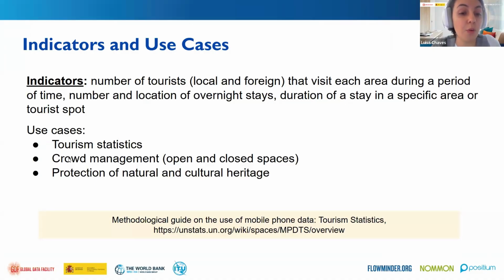The use of mobile phone data can not only help overcome these limitations for traditional tourist indicators, but also for tourist events like sport events such as the Olympics or the World Cup, or major meetings like the UN Conference for Climate Change. Mobile phone data can also be used to analyze the mobility and behavior of people attending these events and support the protection of natural and cultural heritage.